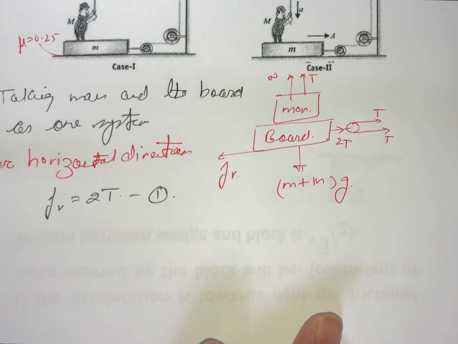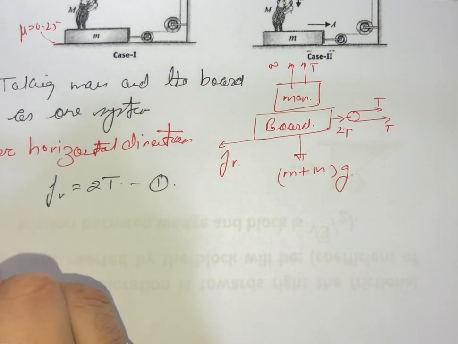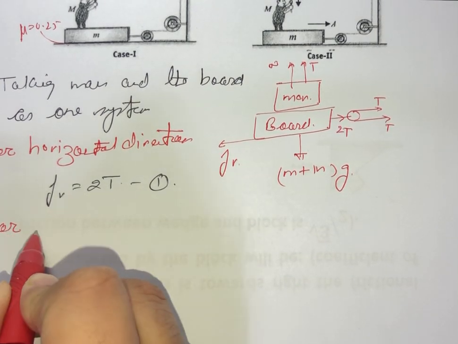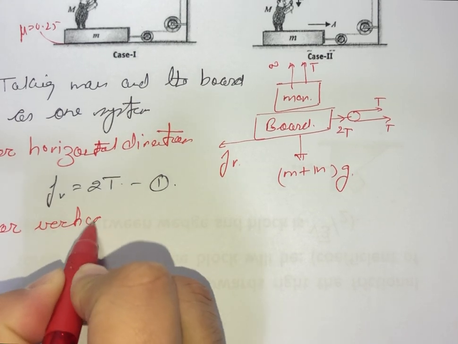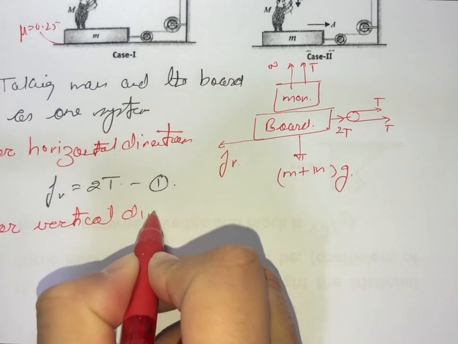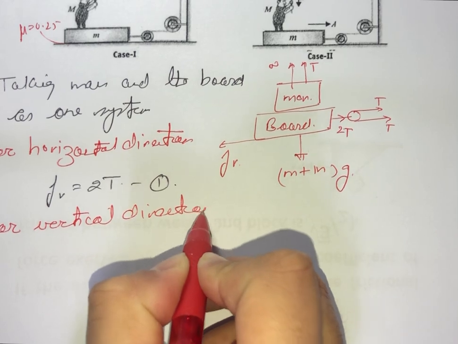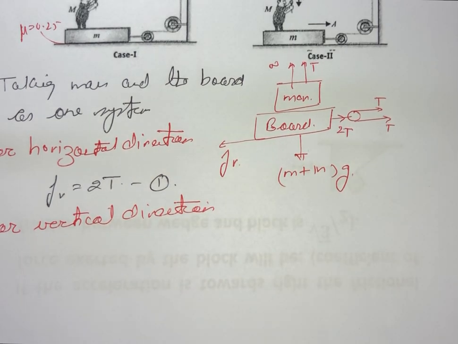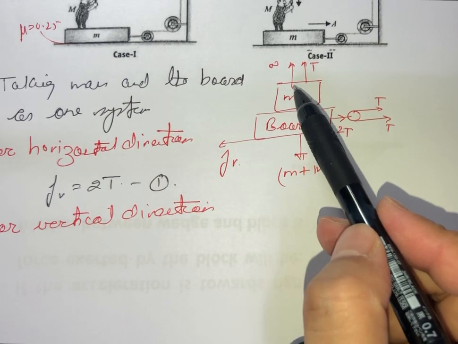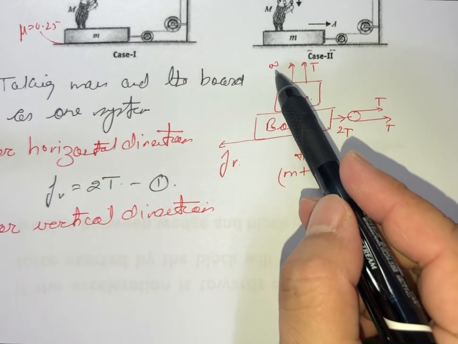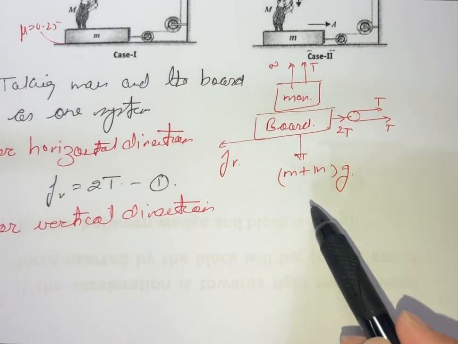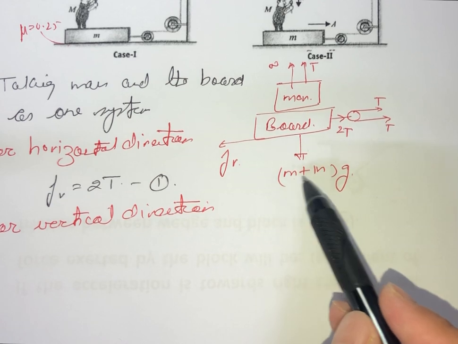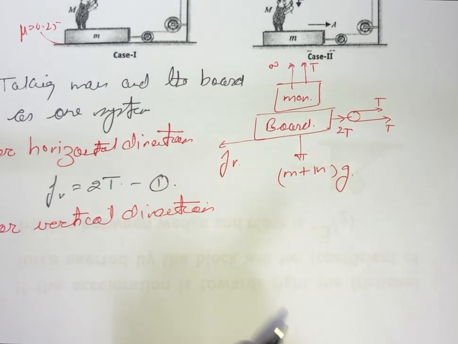And in the vertical direction we have two forces in the upward direction, that is normal and T, and opposite to it we have the m plus capital M multiplied by g. Okay.